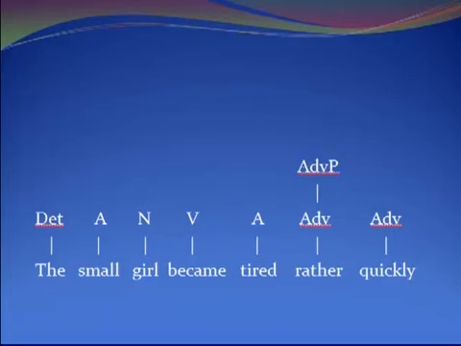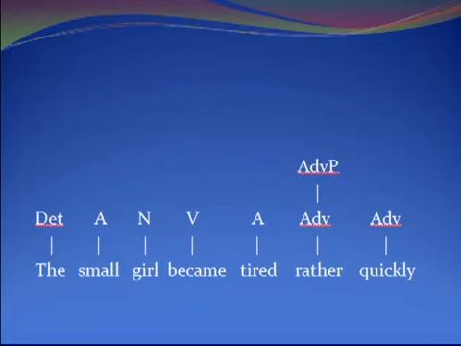And of course, if you think about what degree adverbs do, they give a degree of some sort of property. So here it's a degree of quickness, and so they modify the head quickly. This rather modifies the head quickly, and so there is an overall adverb phrase, rather quickly.